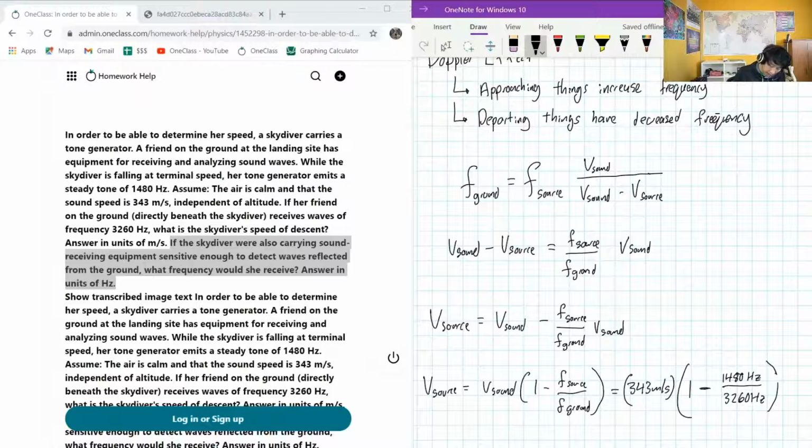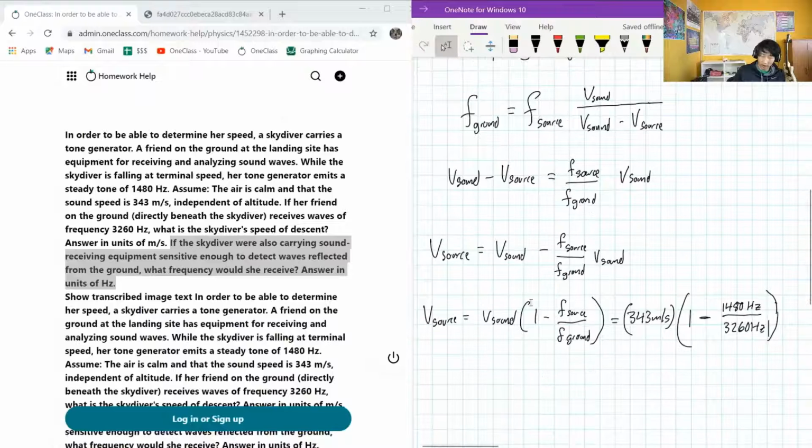Ideally we should get something that is lower than the speed of sound itself, because we did not mention anything about sonic booms. So let's run this calculation.